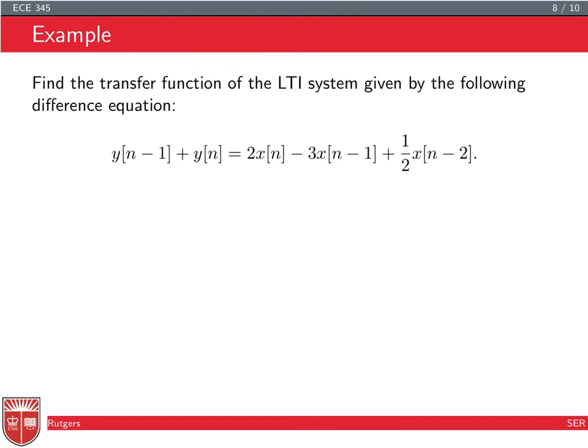Let us work out an example. So the question here is, consider the following linear time invariant system with the following difference equation, and the question is to find its transfer function. So the transfer function, meaning what's asked, is to find h of z, which is y of z divided by x of z.